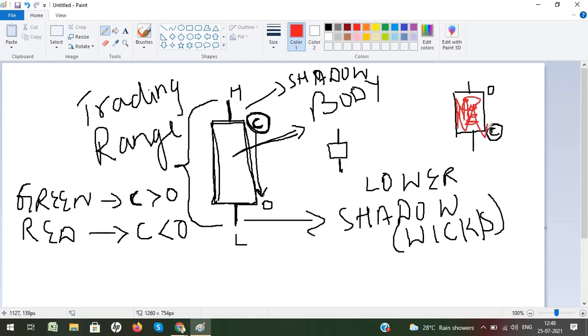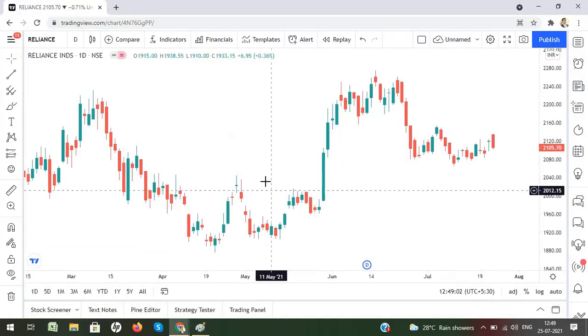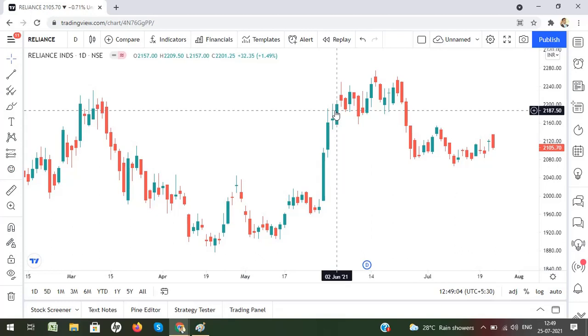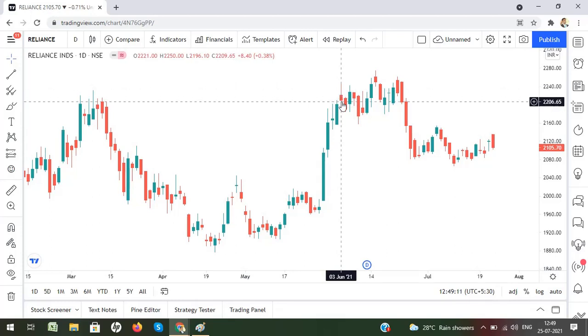So this candlestick color is red, and this candlestick color is green. The color of the candlestick is totally dependent upon the closing price. That's why you see different colors here: on some days it is green, on some days it is red.